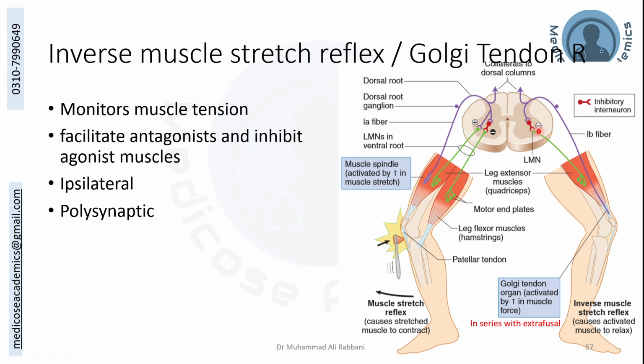For example, if you have a very large tray of food on your hand and you're moving along, and then you get tired, you suddenly drop that tray, because the Golgi tendon reflex will lead you to relax those muscles. When you're carrying that tray away, you're actually consciously inhibiting the Golgi tendon reflex so that you don't lose that tray.